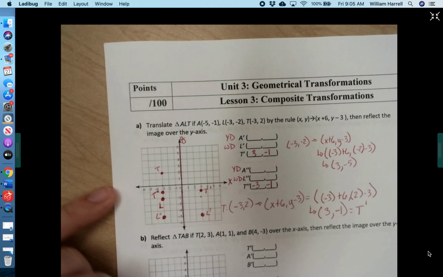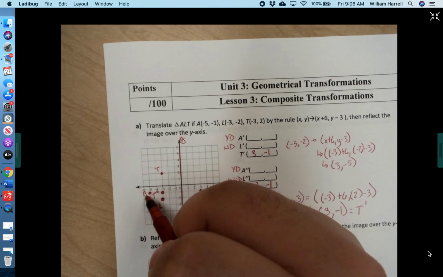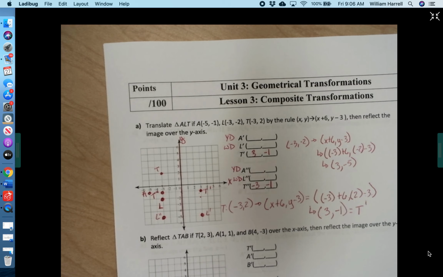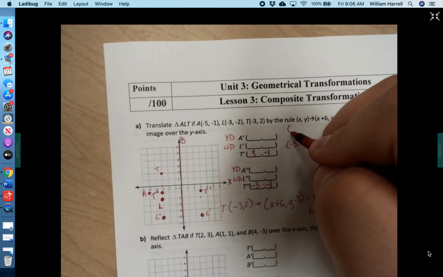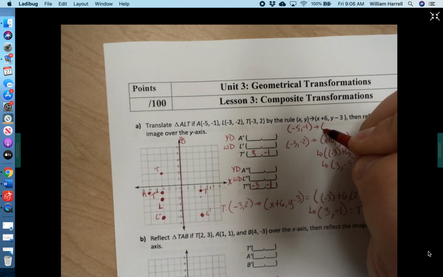All right, so we're going to see if you got it right. If you got it right, you're going to see the results via the play posit. If you got it wrong, see if you can find out where you messed up at. Okay, so (-5, -1) is A. So again, plot my original, and I write the rule it wants me to do.